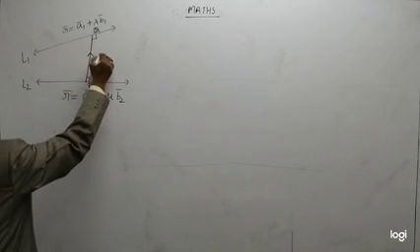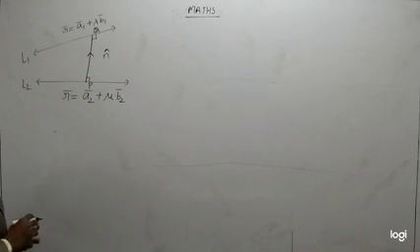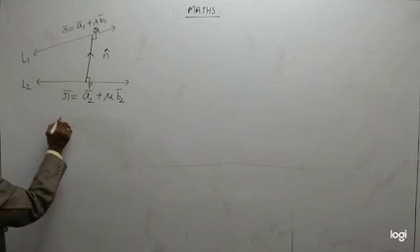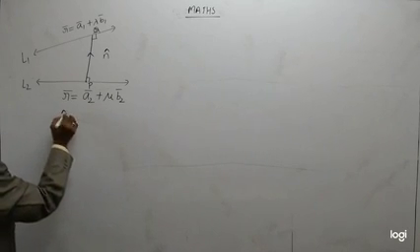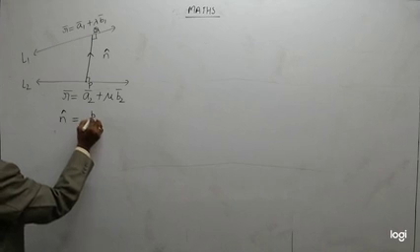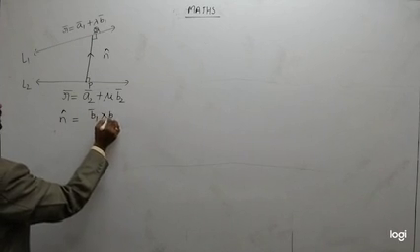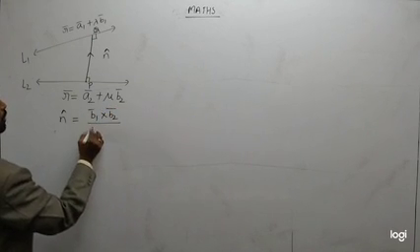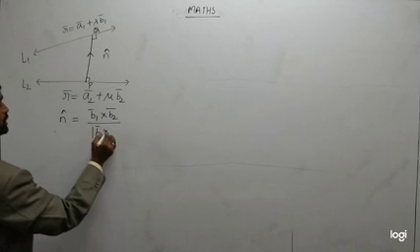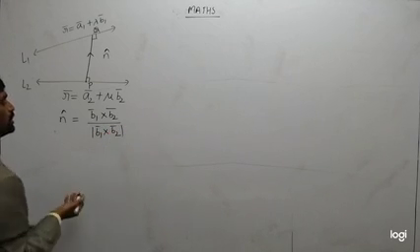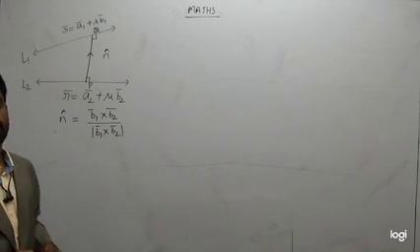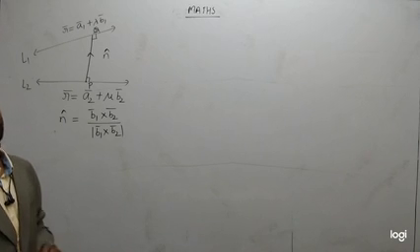So let n cap be the unit vector along PQ. Then n cap becomes B1 bar cross B2 bar by modulus of B1 bar cross B2 bar, because it is the unit vector perpendicular to both B1 bar and B2 bar.